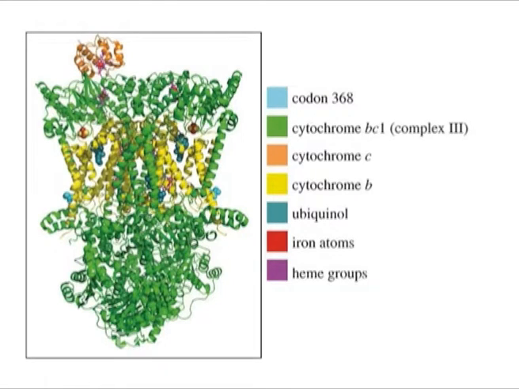Electrons are then transferred to the next protein complex, cytochrome BC1, which is complex 3, which contains cytochrome B, cytochrome C1 and a Rieske Fe-S protein. Cytochrome proteins contain a heme group that can bind an electron.